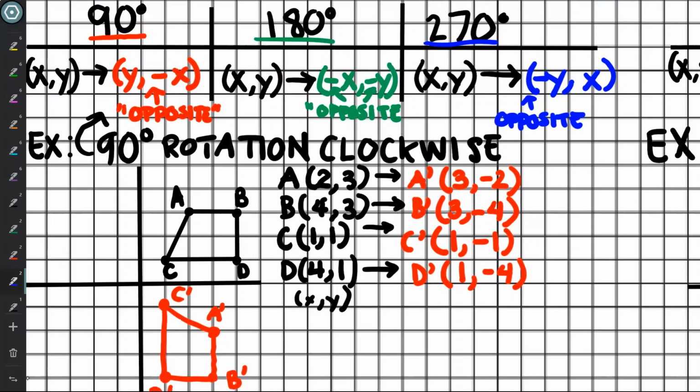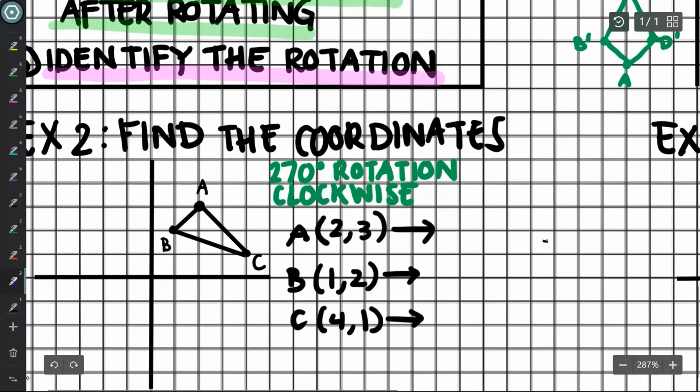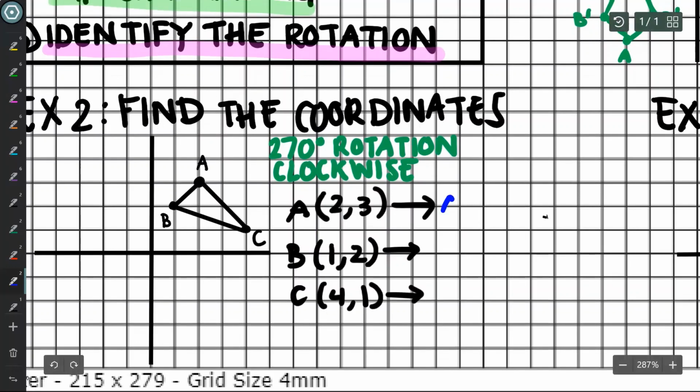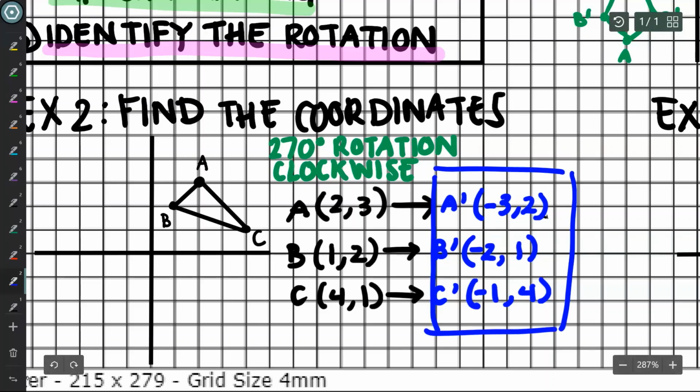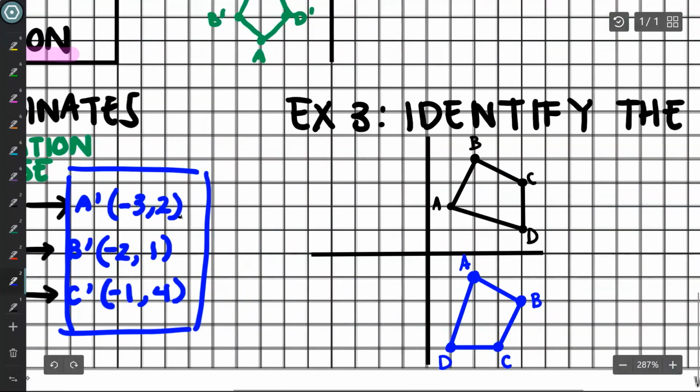So we're going to do negative y and then x. So we are going to flip. So A prime, 3 is going to go first, followed by 2, and then negative. B prime, we're going to do 2, then 1, make that 2 negative. C prime, 1, then 4, and make that negative 1. Alright, and we're done, and this would be our answer. You can graph it, you don't have to because we just want those coordinates.